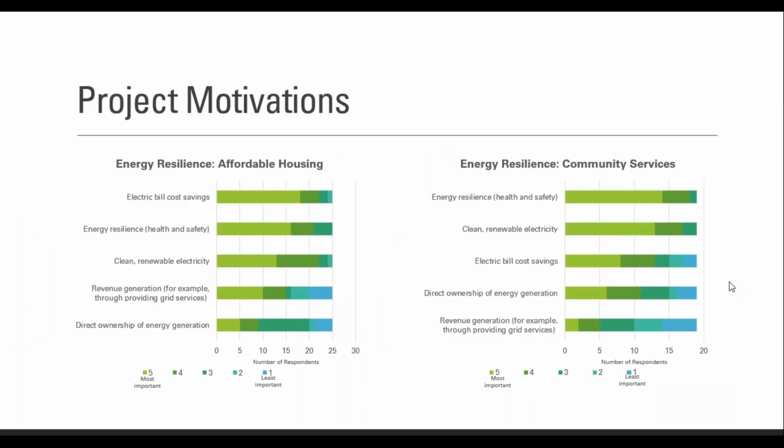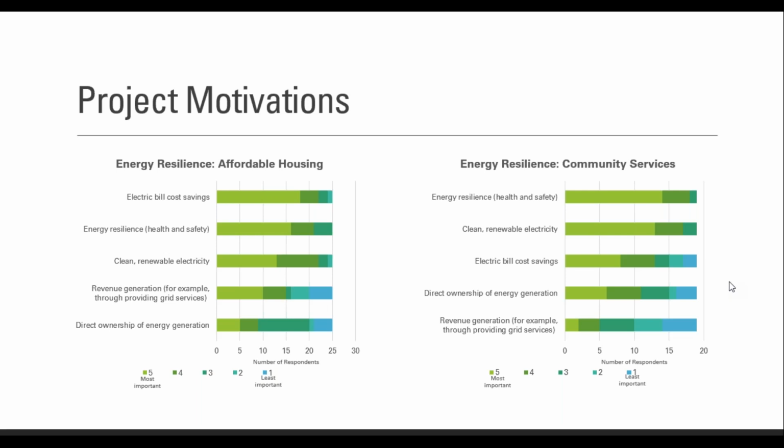So the first key difference that we noted between affordable housing developers and community service providers really got at the project motivations of why they're pursuing solar and storage. These charts might be a little confusing at first, but what they're essentially saying is we asked respondents to rank each of the 5 choices that you see on the screen from 5, which was the most important, to 1, which is least important.